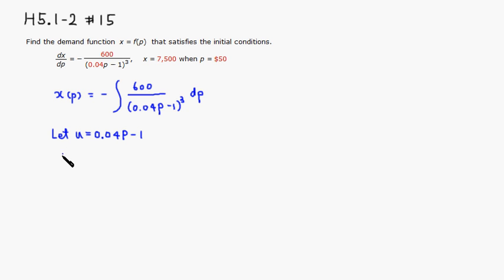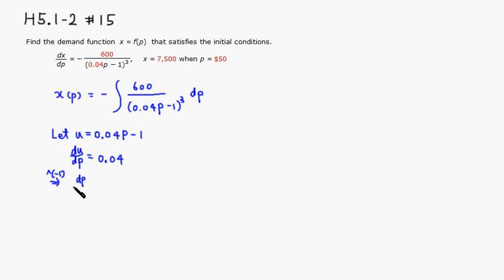Take the derivative of u with respect to p, and we get just 0.04. We want to solve for dp, so take the reciprocal of both sides.